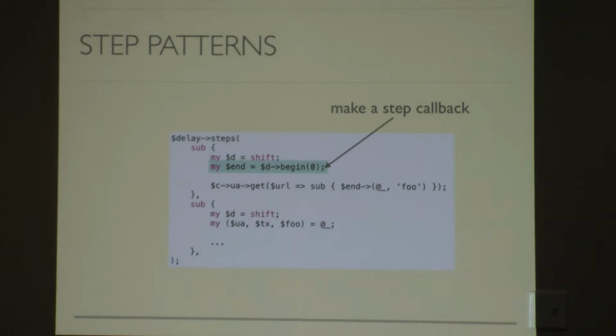This is how you do that. You call begin. Now we assign that to a variable. Once you've made your step callback, you pass it to the callback. It needs to be invoked. Now it shouldn't be invoked until the thing you're waiting for finishes, and so we put it into the callback of the non-blocking URL request there.